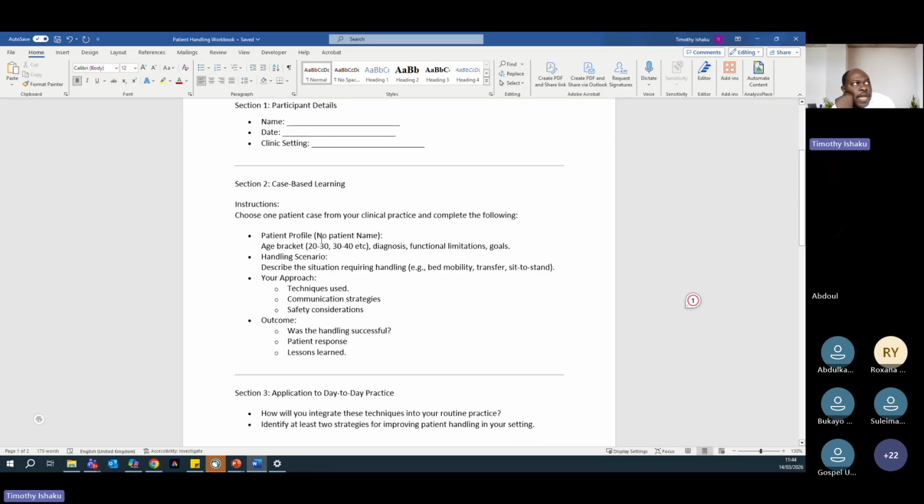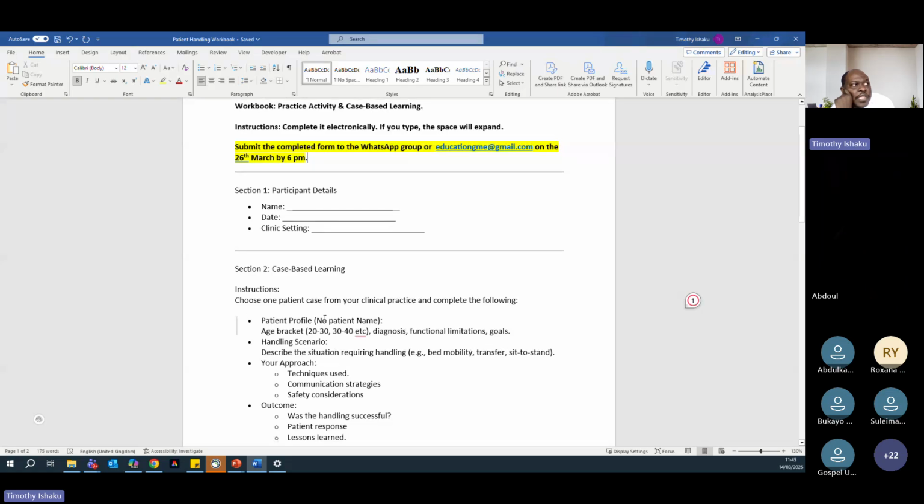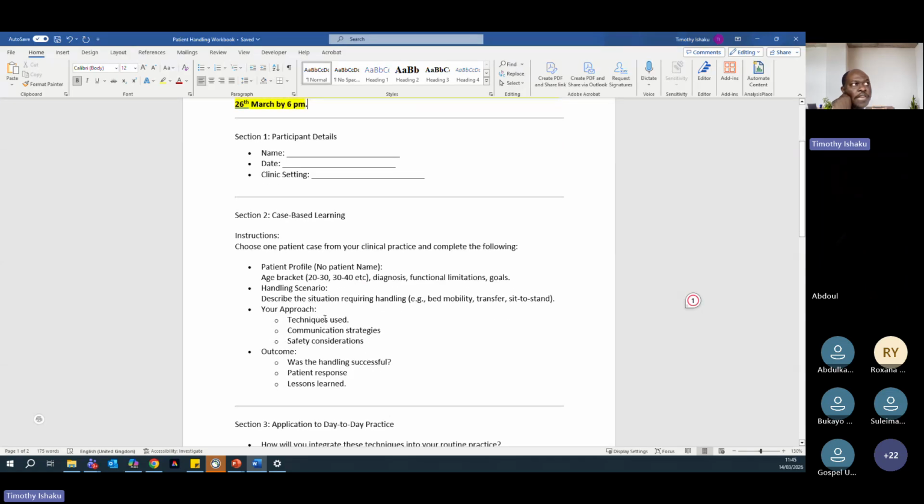And then we have the case-based learning. For the case-based learning, please do not put the name of the patient, but just tell us the patient's age bracket, the diagnosis, the functional limitations, and the goals of the patient. We want you to describe the handling scenario, the situation that required you to carry out that handling.